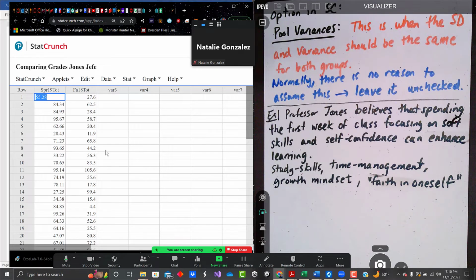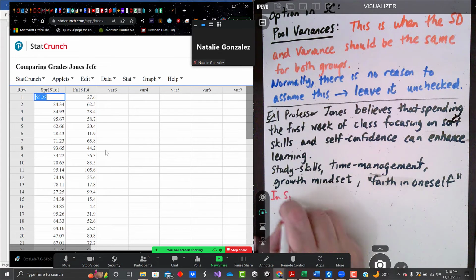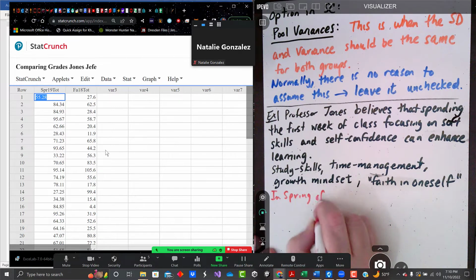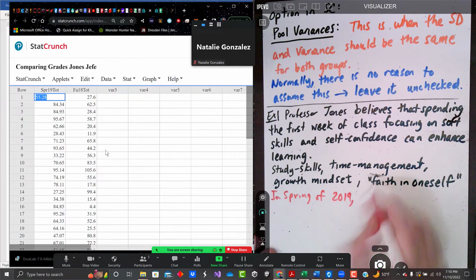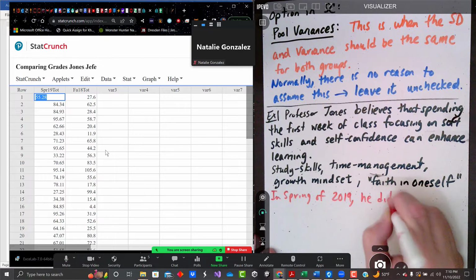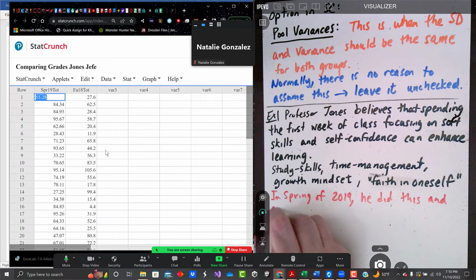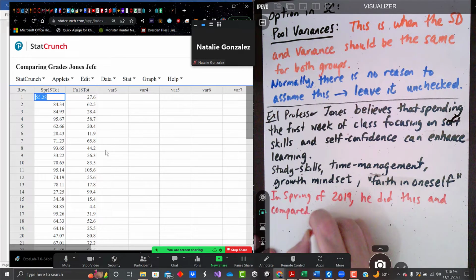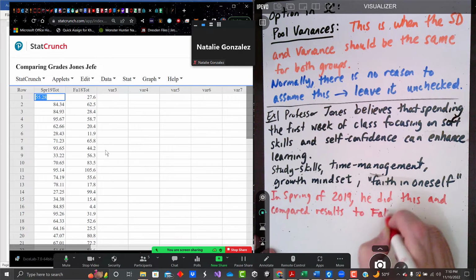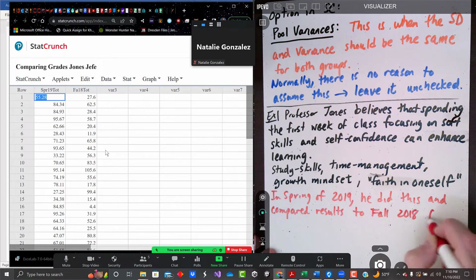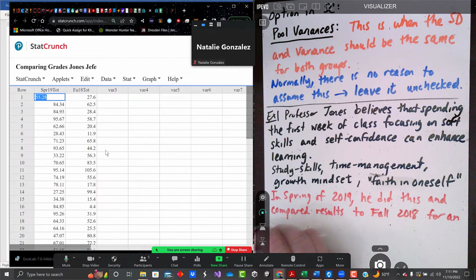So I implemented this in spring of 2019. He did this and compared results to fall of 2018 for an intermediate algebra class that we do not even offer anymore.